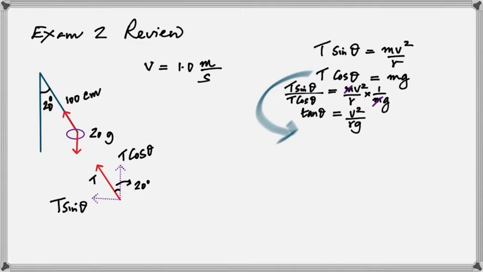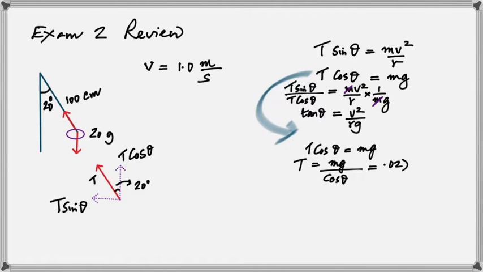So let me show you. I'm using the second one. T cosine theta is mg. I'm just rewriting that. T cosine theta is mg, from which you can find the tension in the string. Dividing both sides by cosine theta, you will get T is equal to mg divided by cosine theta.